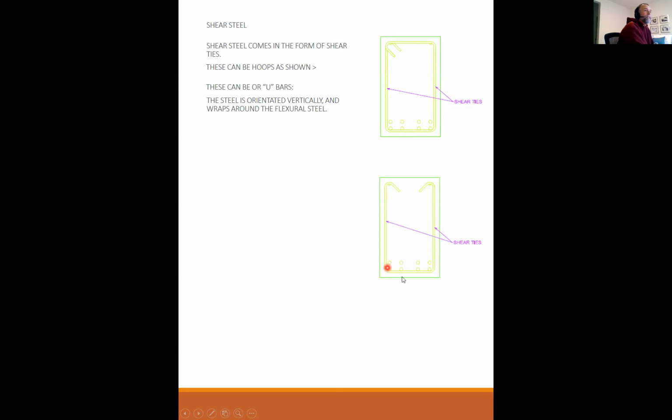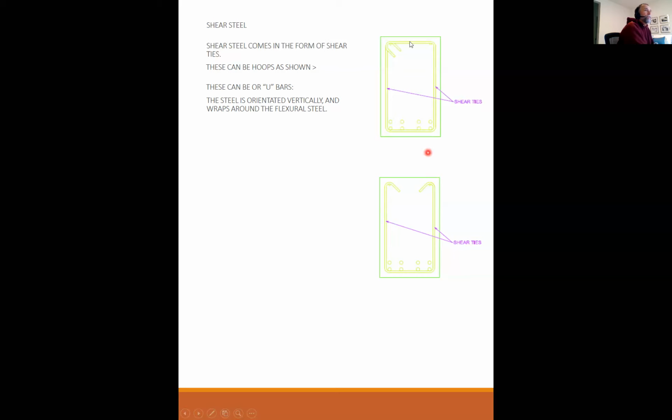So it always comes down and around your flexural steel, and then it has to go up to very near the top and be anchored in some way at the top, because it is this length of steel along the sides that really counts. So this is known as a leg. This is a leg, this is a leg, this is a leg. So this beam here has 2 legs of shear steel. This beam has 2 legs of shear steel.